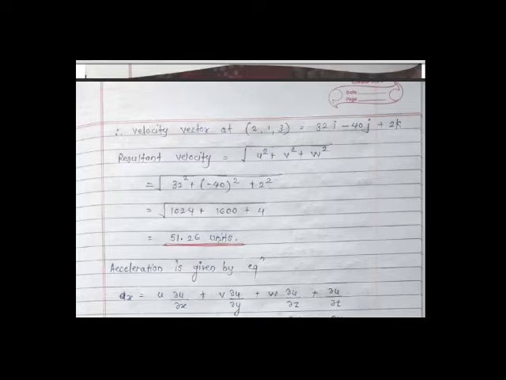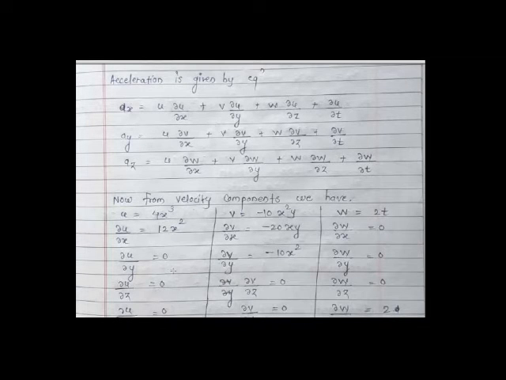Okay, so up to here we have calculated the resultant velocity. Now we have to calculate the resultant acceleration. For that, we know the acceleration equation: ax is equal to u dou u by dou x plus v dou u by dou y plus w dou u by dou z plus dou u by dou t. This is the acceleration in x direction.